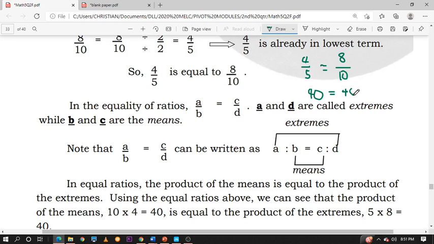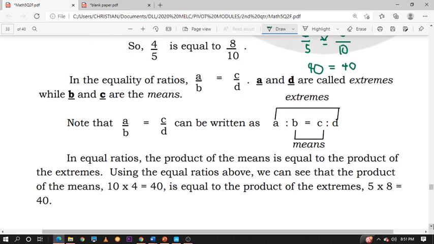So, are they equal ratios? Okay, correct. So 4:5 and 8:10 are equal ratios.